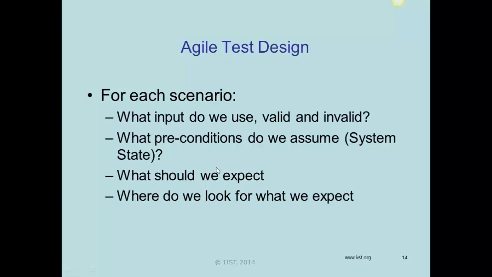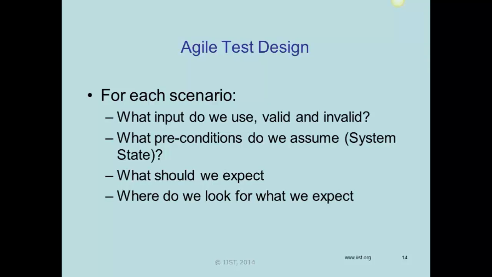Now here you come and say, okay, and where am I going to look for that? How am I going to verify that the credit card has actually been charged the correct amount? And this is very important, because if I know what to look for, but I don't know where to look for it, it doesn't help. Then I am not going to look for it.